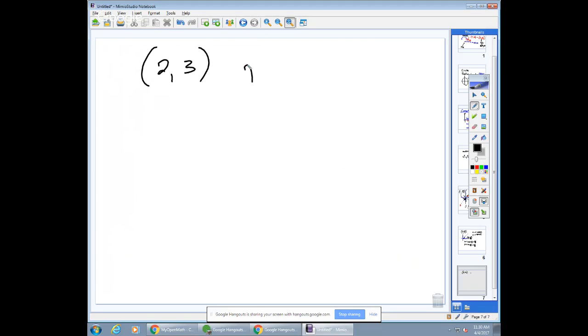And we want to convert to polar. I think it's always a good idea to draw a picture. So here, roughly, is my point. And I need to find its radius and the angle.